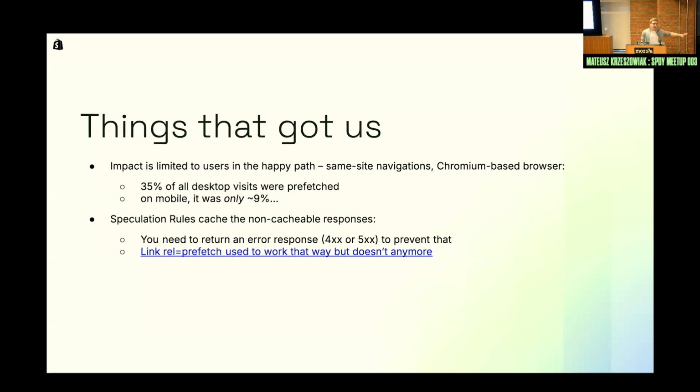And previously link rel prefetch didn't require the error responses, and it still doesn't, but speculation rules do. So you need to get rid of all of the assumptions that you had and read through all of the rules that there are for speculation rules, to make sure that you're not breaking anything on your end. For example, caching the cart contents, or some routes that shouldn't be cached, like we probably did.